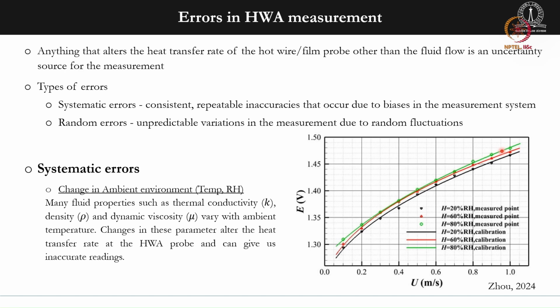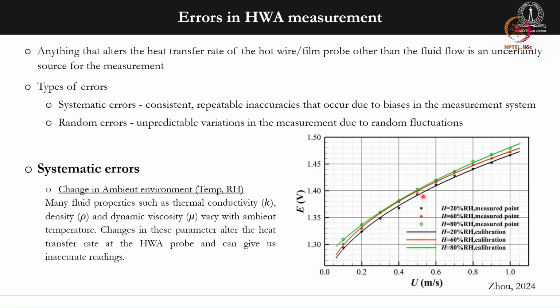But since our probe is actually calibrated for 20% relative humidity, it would show that the velocity it measured is approximately 0.55 meter per second, which corresponds to this black curve for the same E value. So what has effectively happened is that because there was a change in the relative humidity of the ambient, we have now overestimated our velocity measurement.